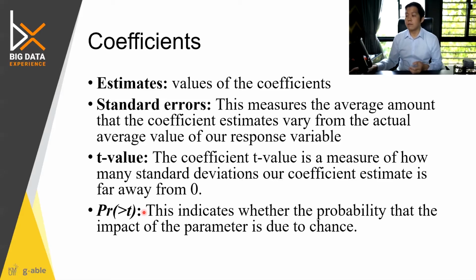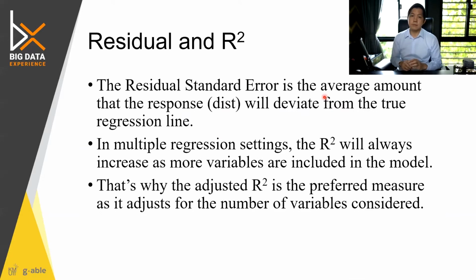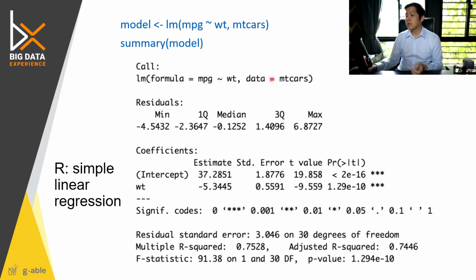If it's not, then it means it is by chance, right? Okay, so at least now you know the estimate, the values of the coefficients. We can estimate the r square from this. The r square given here is 0.7528.